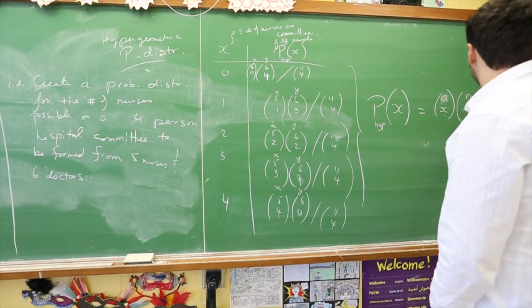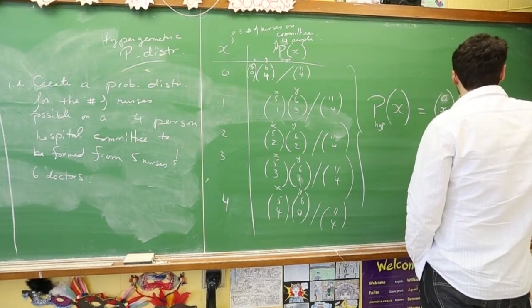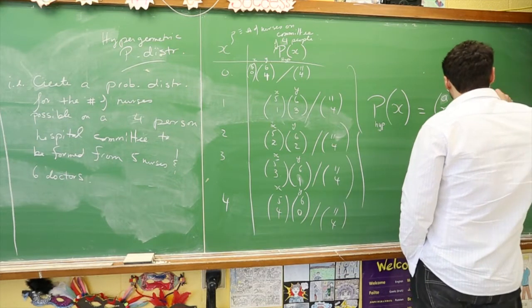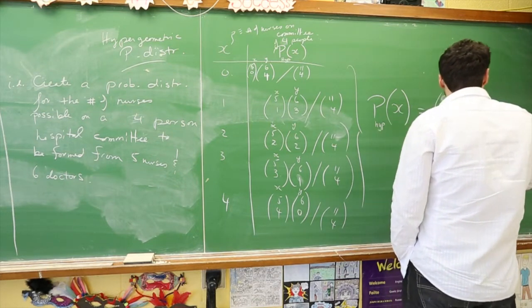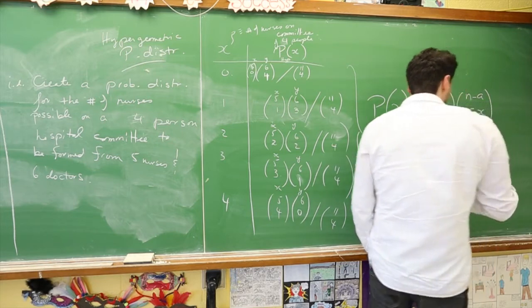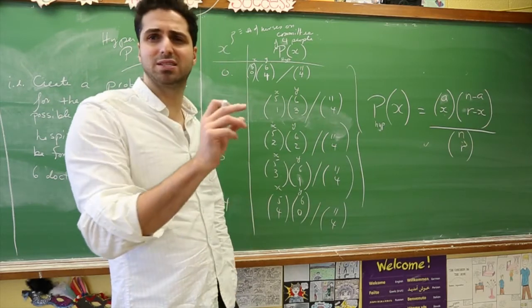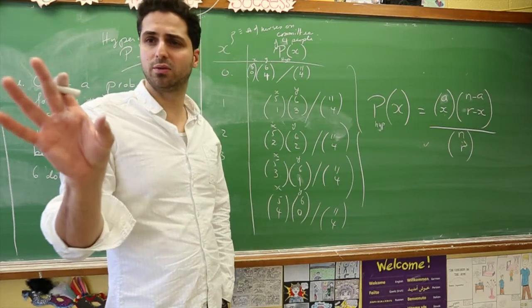So R is going to be this committee size, right? The probability of X successes in R choices is dependent on N choose R, I imagine. Is that how they have it? Let's see if that's the way they're writing it in the book.